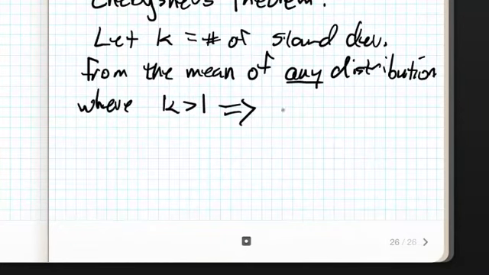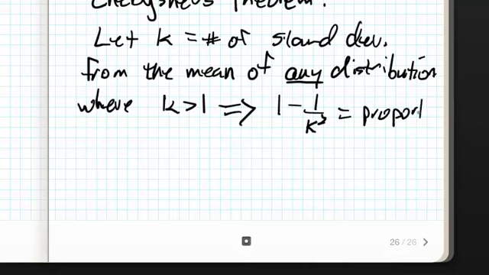Now, remember in math speak, this implies that 1 minus 1 over k squared is equal to the proportion, which is actually the minimum. So let's write it like this.